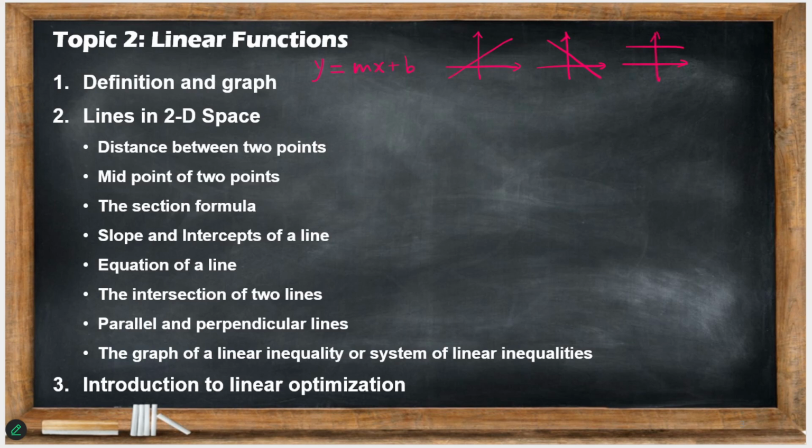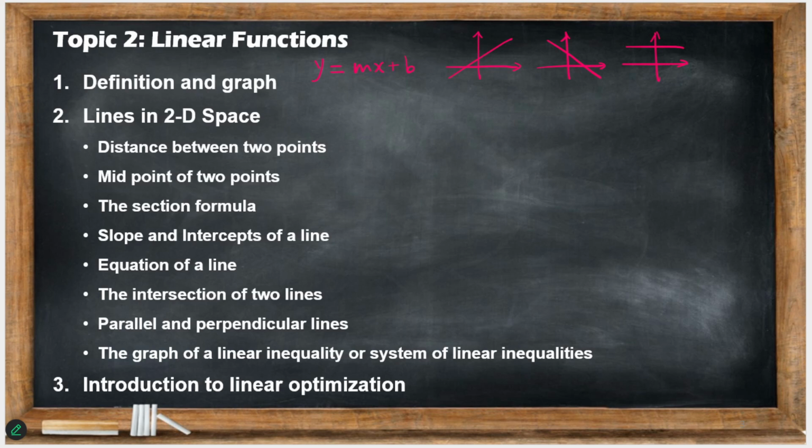But if you can write the line in this form, that means this line cannot be a vertical line, right? And then we talk about the lines in 2D space. Lines are a set of points that satisfy some sort of equations, and this equation is usually a linear equation. And make sure you know how to calculate the distance between 2 points, and the midpoint coordinates of 2 points.